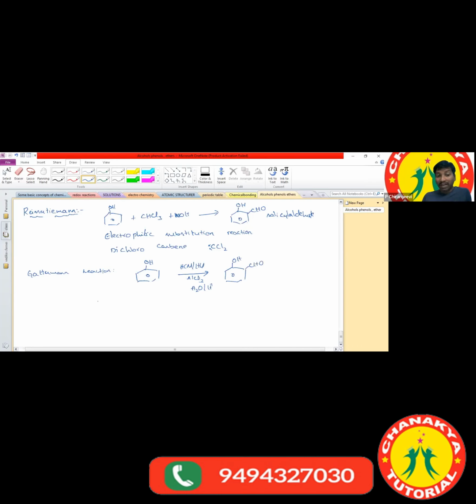And another one is the Gattermann-Koch reaction. What is the Gattermann-Koch reaction? In this one, phenol and carbon monoxide in presence of HCl, the reaction carried out in presence of AlCl3, also forms salicylaldehyde.